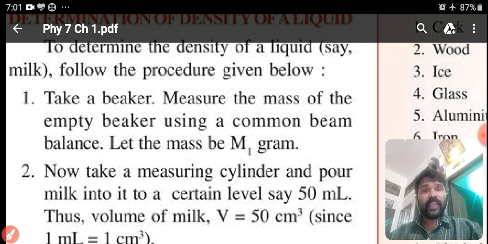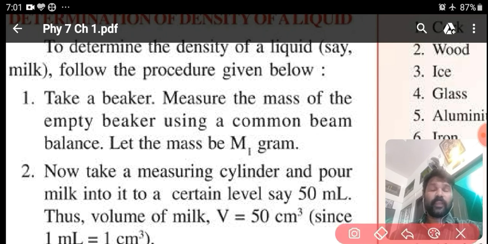Then take a measuring cylinder and pour milk into it to a certain level, say 50 ml.